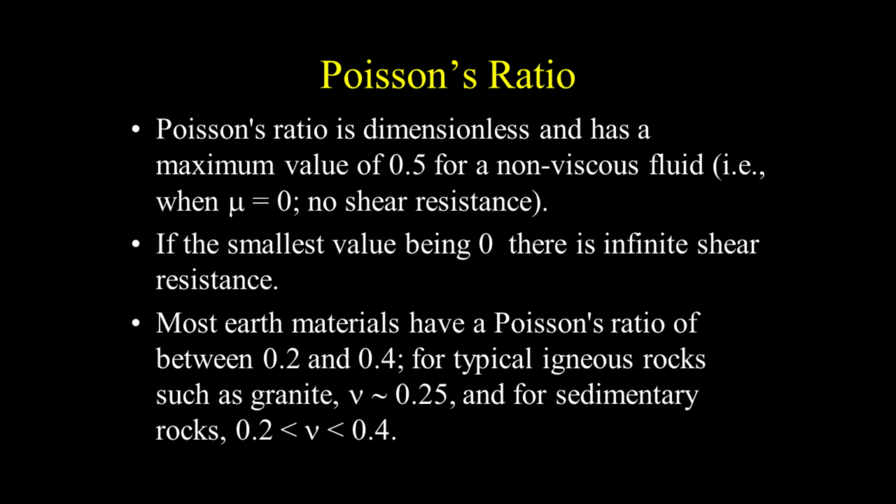Most earth materials have a Poisson's ratio of between 0.2 and 0.4. For typical igneous rocks, such as granite, Poisson's ratio is approximately 0.25, and for sedimentary rocks, Poisson's ratio is between 0.2 and 0.4.